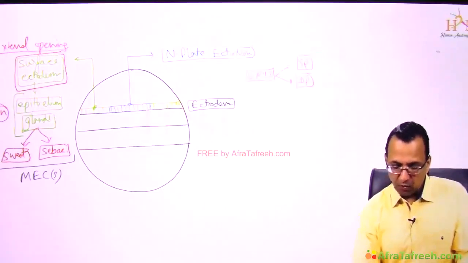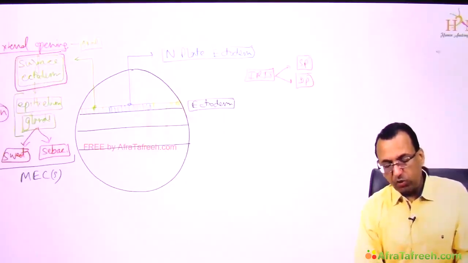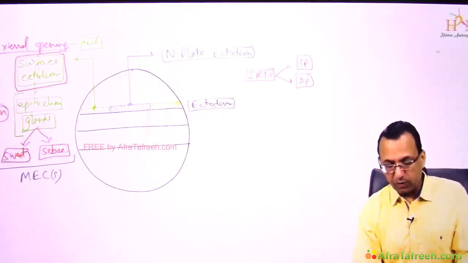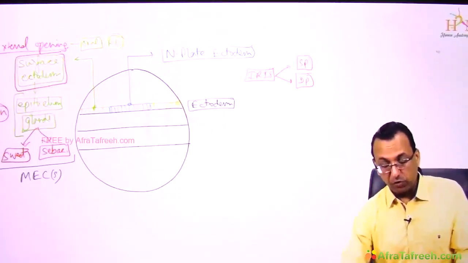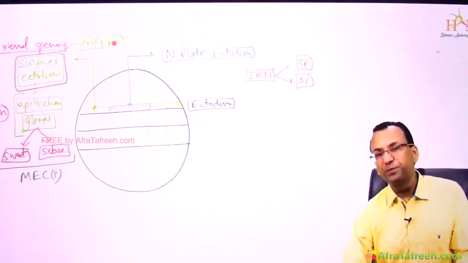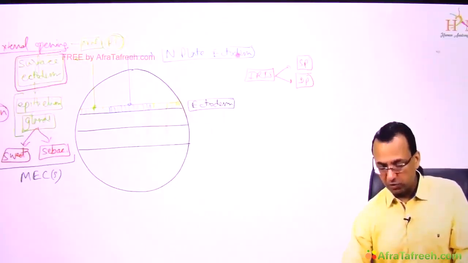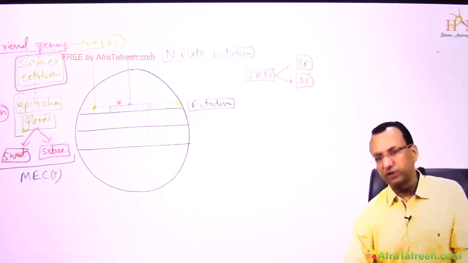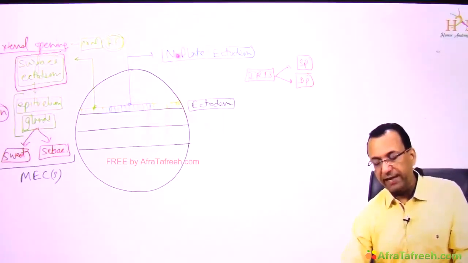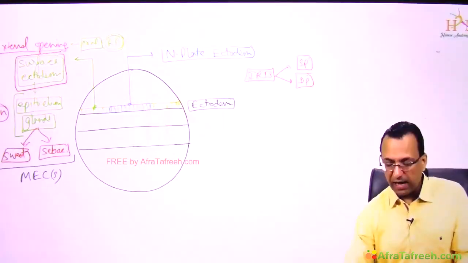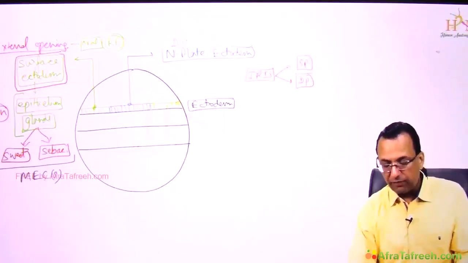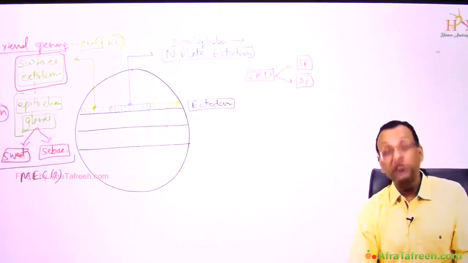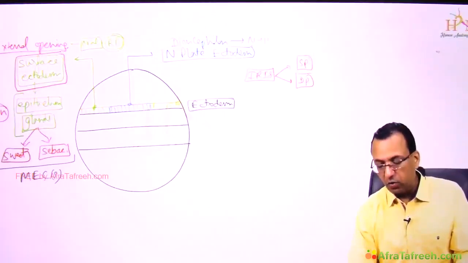And when you are talking about the oral opening, what was there in the roof of the oral cavity? There was Rathke's pouch. And what was the Rathke's pouch forming? Most of the pituitary. But it will not contribute to the neurohypophysis, because the neurohypophysis would come from neural plate ectoderm. So it is the neural plate ectoderm which will form the central nervous system, it will form the brain, it will form the diencephalon, and that diencephalon would have given a prolongation downward, and that is called the neurohypophysis or the posterior pituitary.